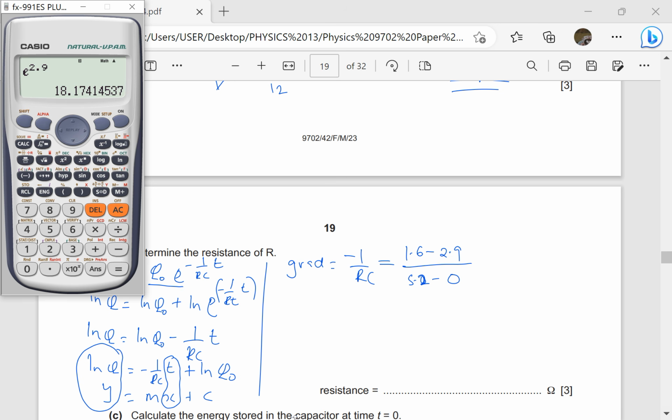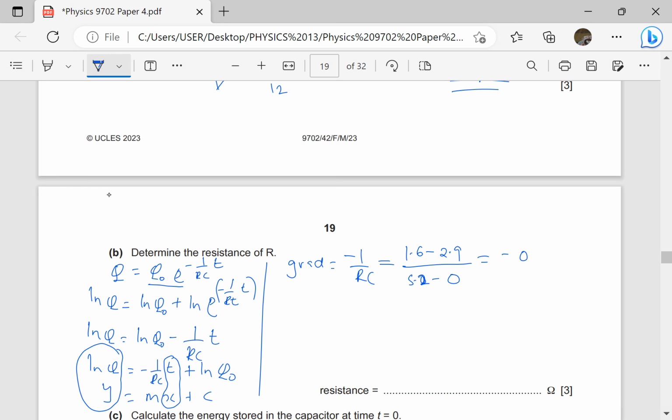Remember, we want to determine the resistance of R. So this is going to be equal to 1.6 minus 2.9 divided by 5.2. That is negative 0.25. So I'm going to find RC. The negative has cancelled, or you can say -1 over RC is equal to negative 0.25.